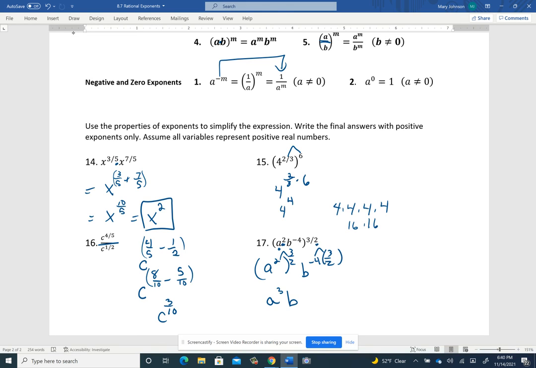And on that one, we would wind up having a negative 12 halves, which would wind up being a negative 6 when we're finished. And then it said write the answer with positive exponents only. So I would go on from there and take a to the 3rd over b to the 6th. And they wanted it with exponents, so I wouldn't change it into radicals, and I would just leave it like that.